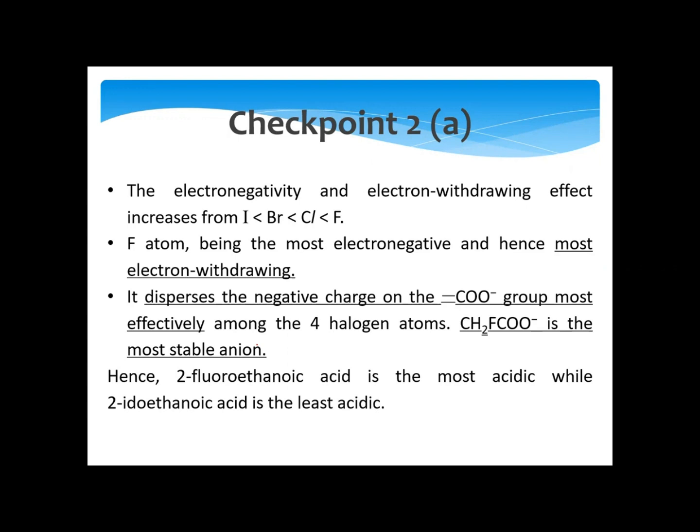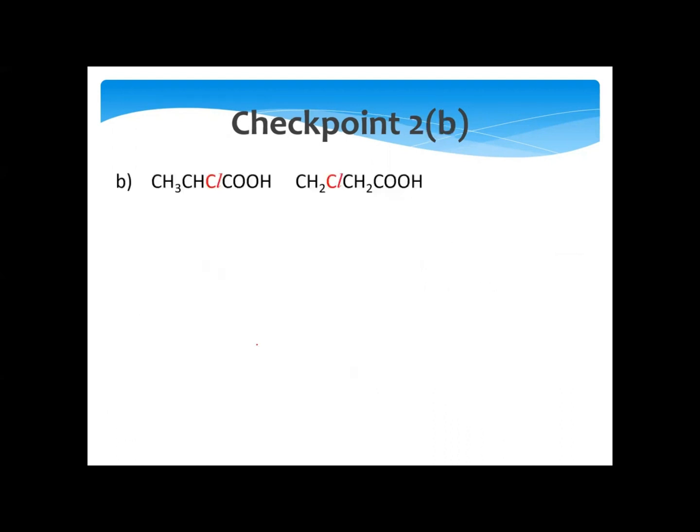So this is actually how we will write the answers. You can review this later after you try writing it on your own with the earlier points mentioned. So for part B, the electron withdrawing group is actually the same, Cl.